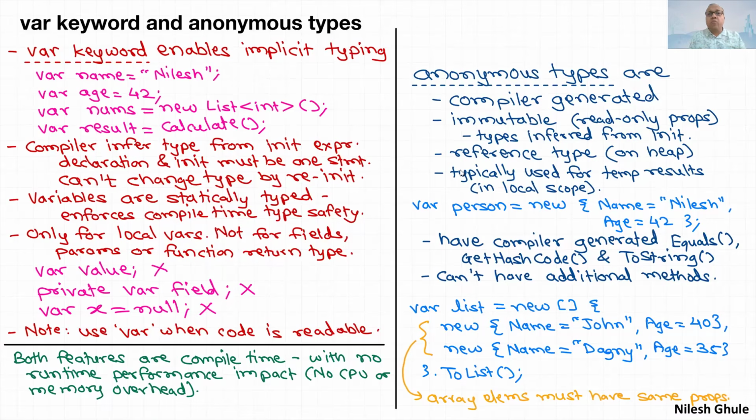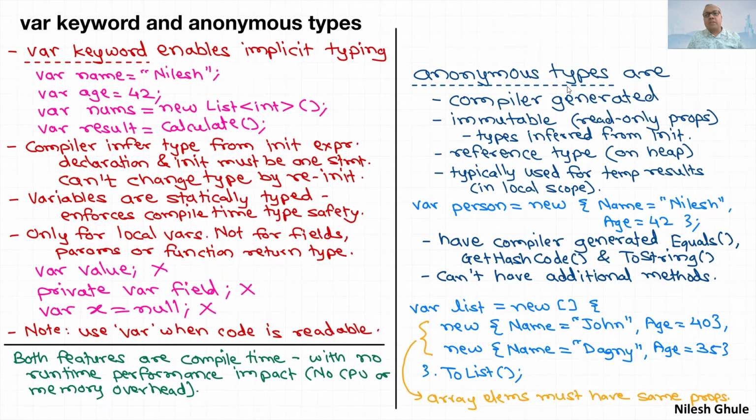But you should avoid using the var keyword if the code is not giving clarity about the data type on the right hand side value. At that time, using var can make your code very much unreadable, and you should avoid that. Now that you have understood the var keyword, let us talk about anonymous types.